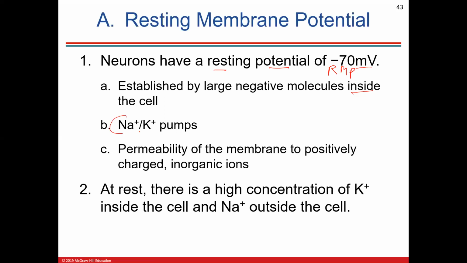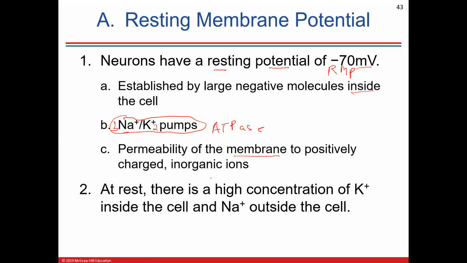And the sodium potassium pumps are really ATP pumps, or ATPase pumps, because sodium is going to be going against its gradient, going outward, three of them, and potassium is going in, and there's two of them against its gradient. So again, permeability of the membrane is important.